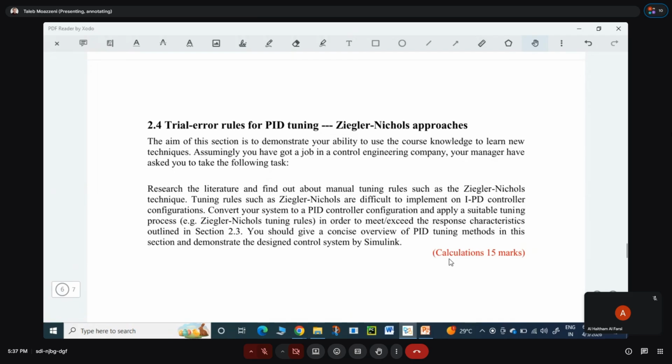So the 15 marks is a research work. There is no calculation, no derivation. Just search online about a tuning method. So Google, type PID tuning method. That is for your information and my information. This is one example, Ziegler-Nichols. It is just one method.